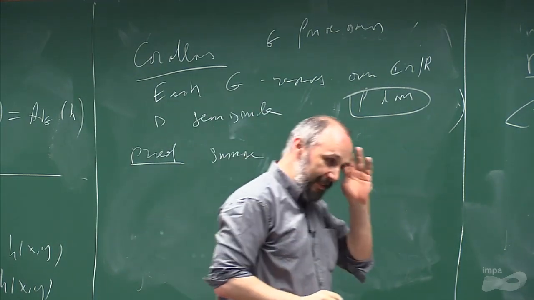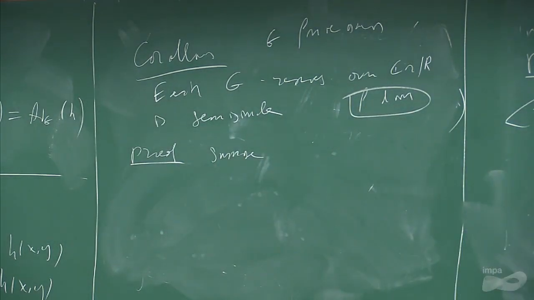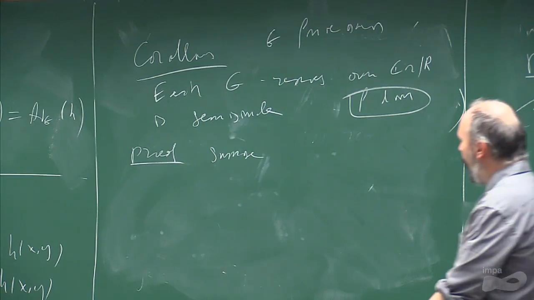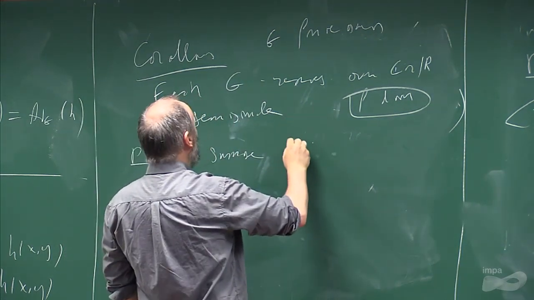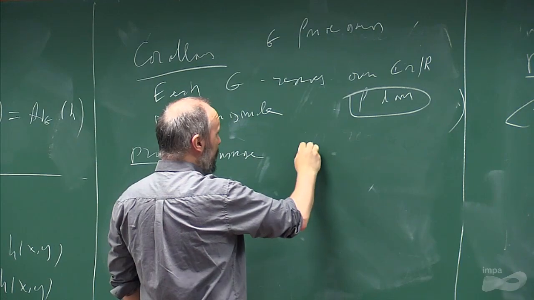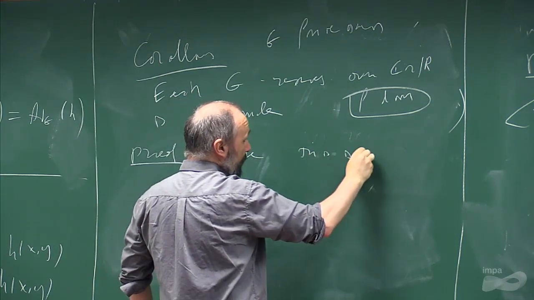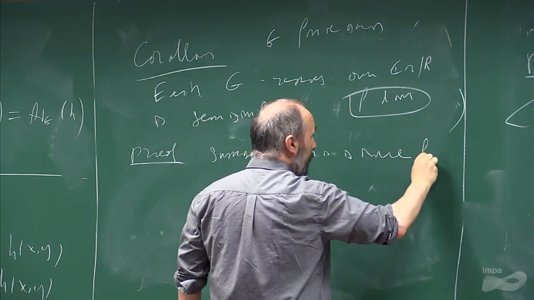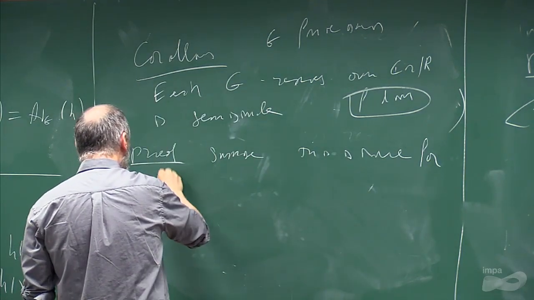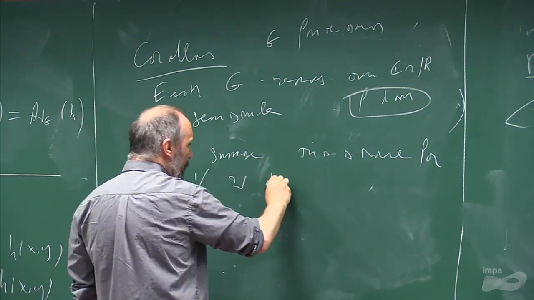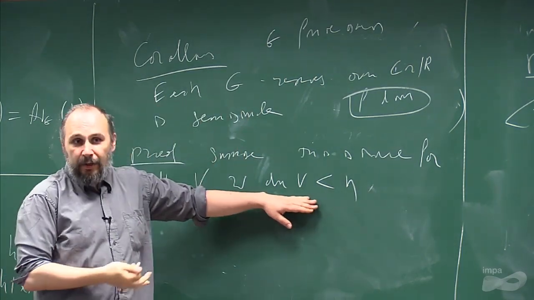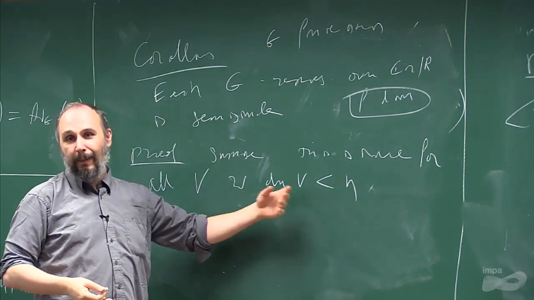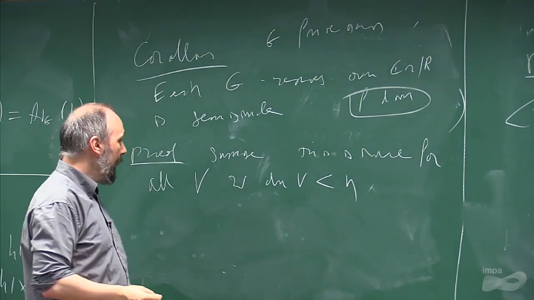So all vector spaces are finite dimensional unless I explicitly want them to be infinite dimensional. So suppose this is true for all V with dimension of V less than n. For dimension 1, it is clear, so the basis of induction is obvious.